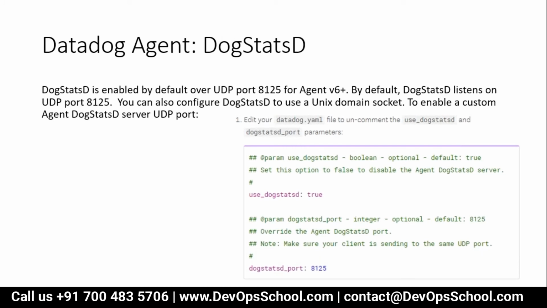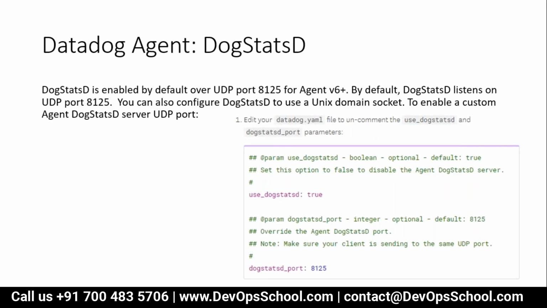Now the question is how to configure the agent. When you install the agent, how to configure it? DogStatsD is enabled by default over UDP port 8125 in the latest agent which we will install. Mind it, by default it listens on 8125.